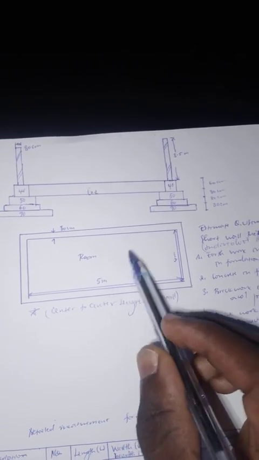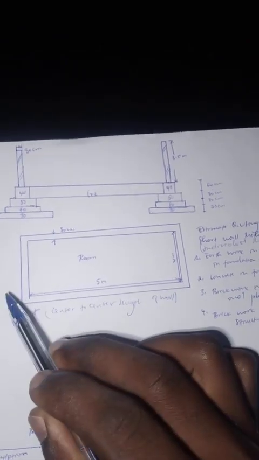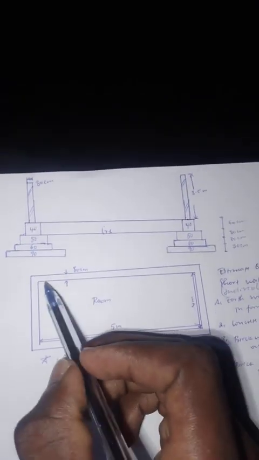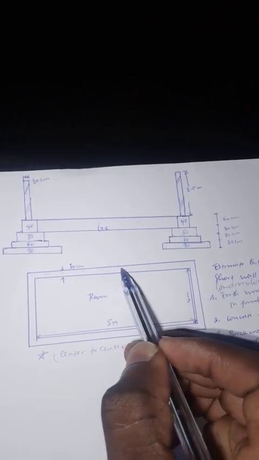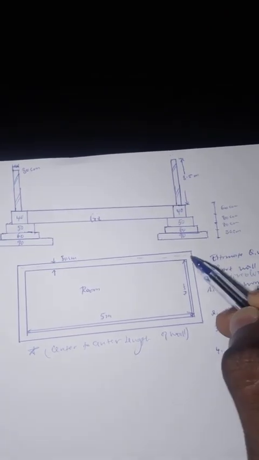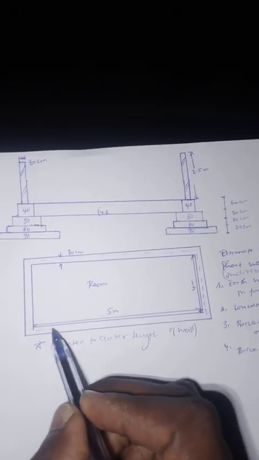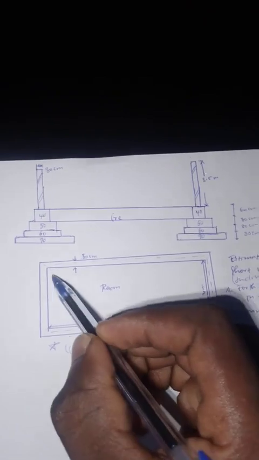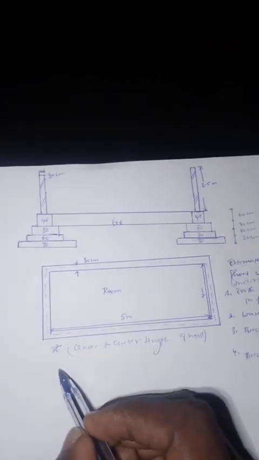We have 2 long walls and 2 short walls, and we prefer to make the center line between those walls. This center line comes by taking a half of both sides.